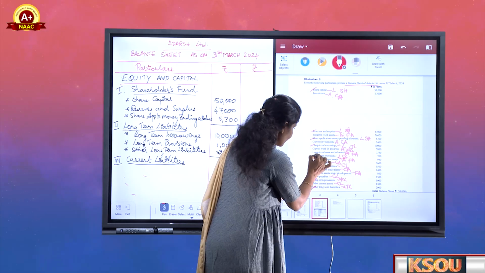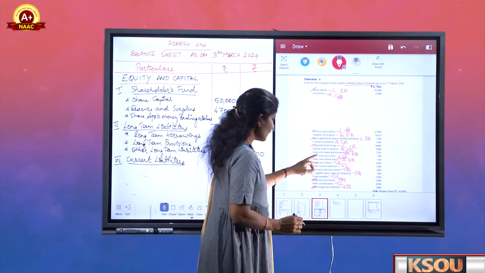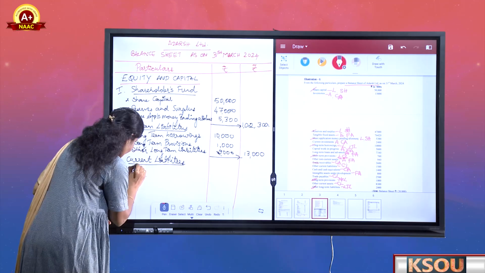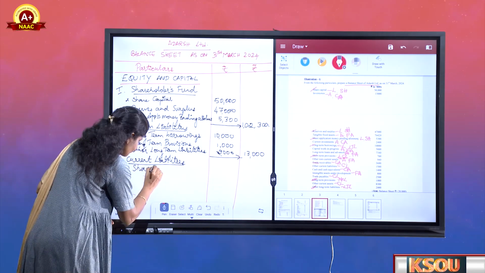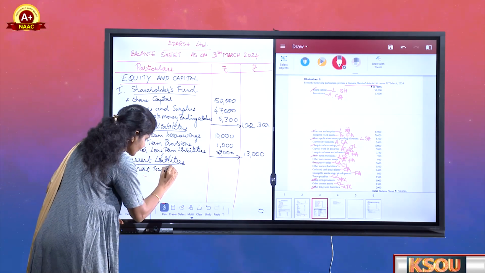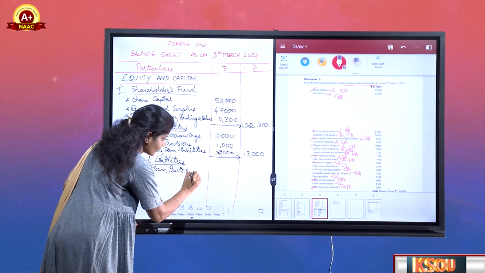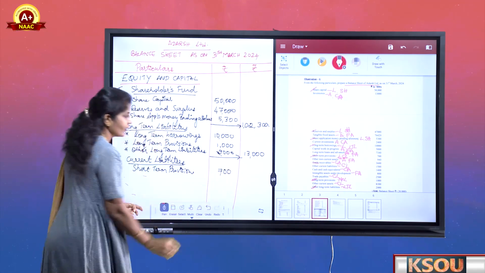Short-term provisions, the amount is 700.